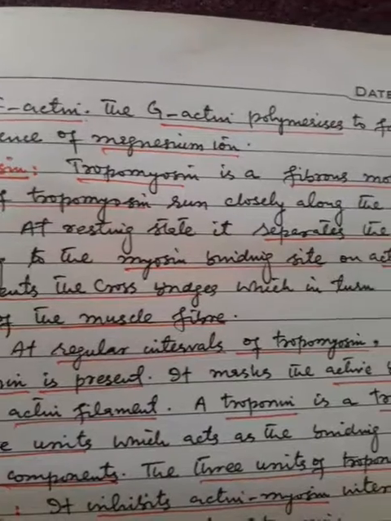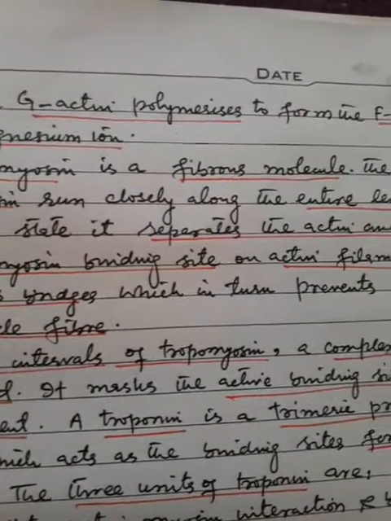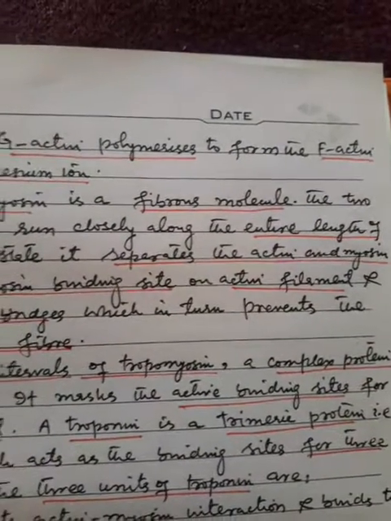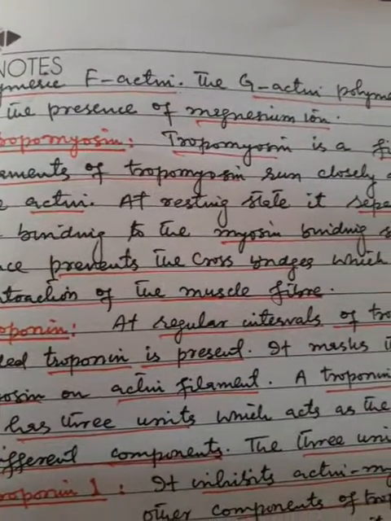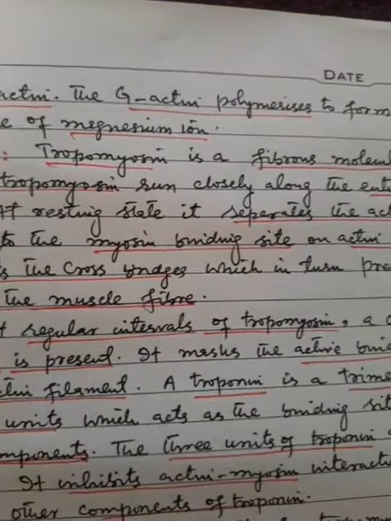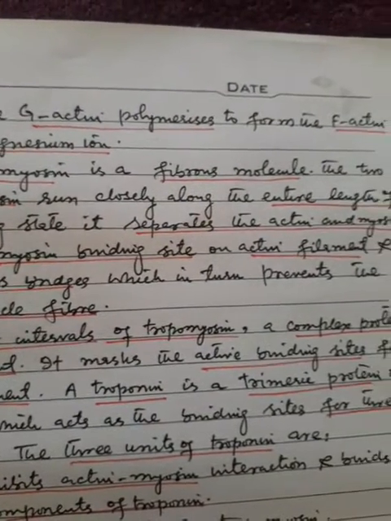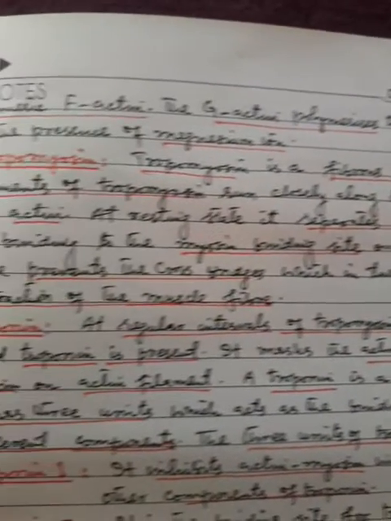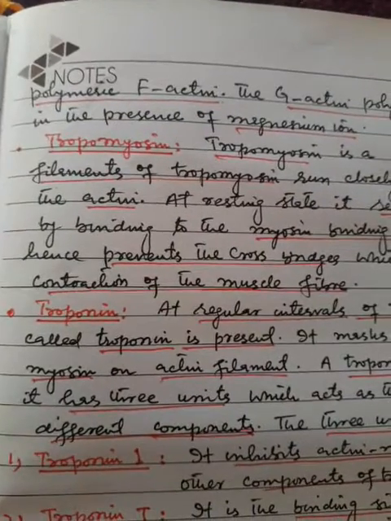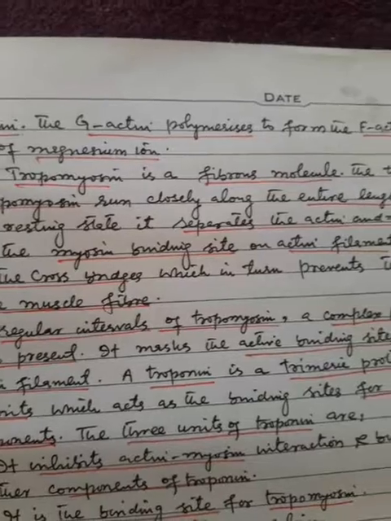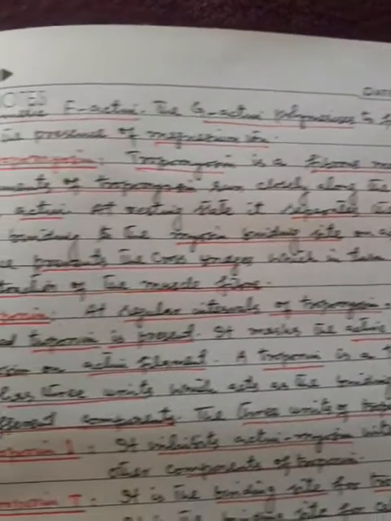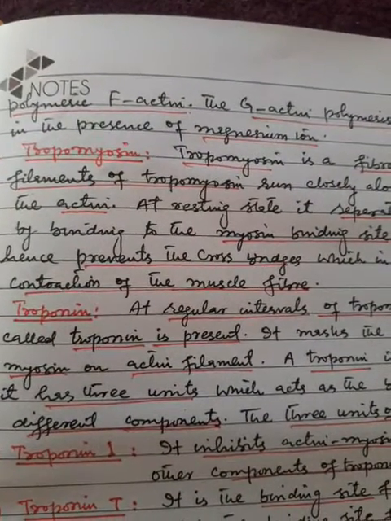At resting state, it separates the actin and myosin by binding to the myosin binding site on actin filament and hence prevents the cross bridges, which in turn prevents the contraction of the muscle fiber.